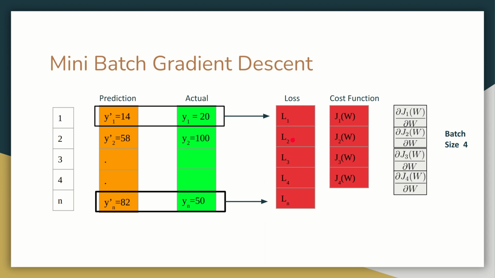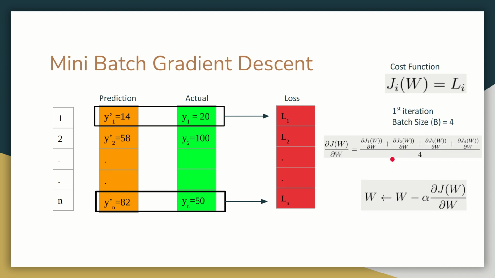And from L1, L2, L3 and L4, we can calculate the cost functions J1, J2, J3 and J4, and then correspondingly we can calculate the gradients del J1 by del W, del J2 by del W, del J3 by del W, and so on. Since we have considered the batch size of 4, we are just considering the first 4 cost functions and hence first 4 gradients only.